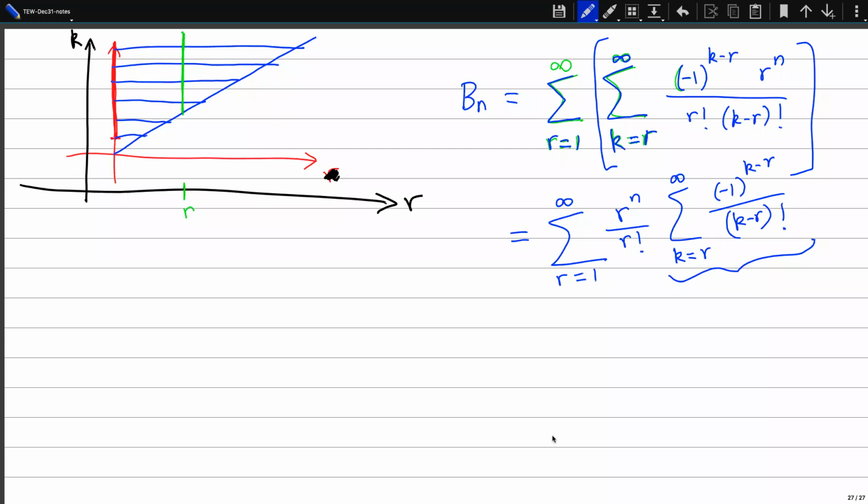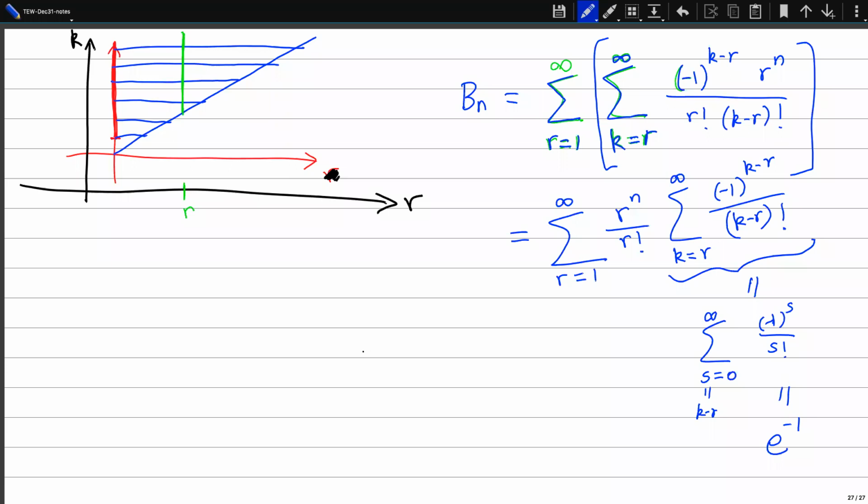Let's put k minus r as a new variable, call it s. So s is just k minus r, and s goes from 0 to infinity. This is (minus 1) power s by s factorial. So what is that? e power minus 1. Absolutely. This is just the series for e power x, but with minus 1 in place of x.